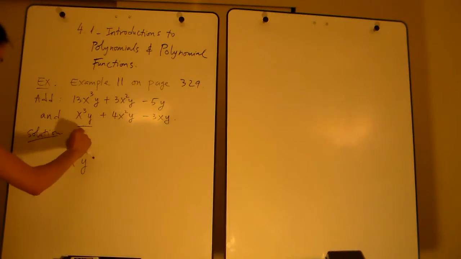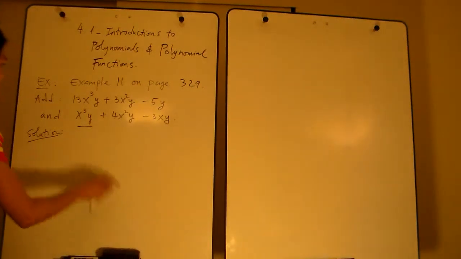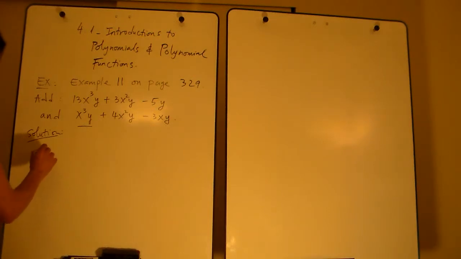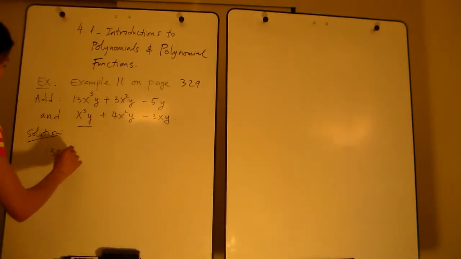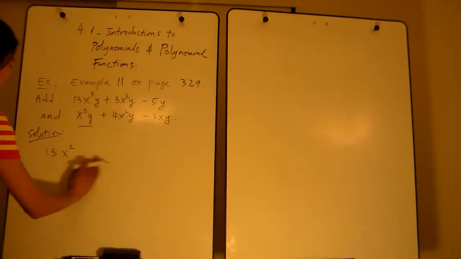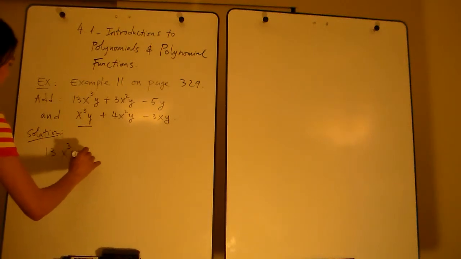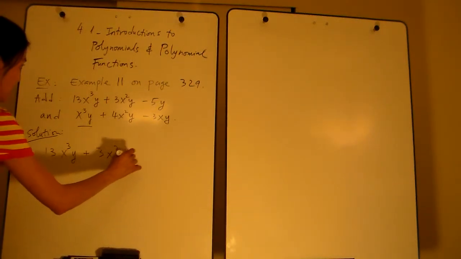Are there more terms like this? No more. Alright. So that means you can combine this term and this term together. Okay? Alright. So let me write it. 13x to the third power y plus 3x squared y subtract 5y.